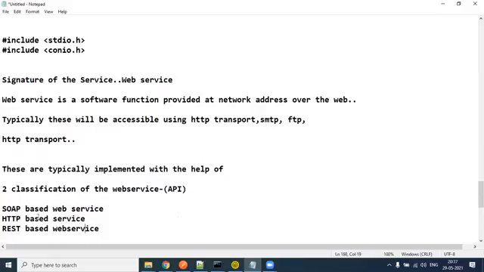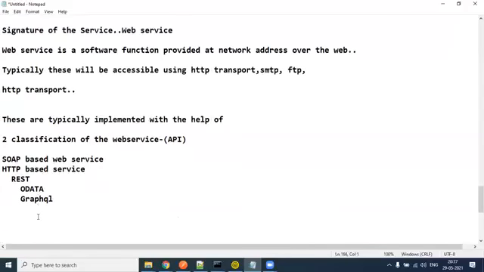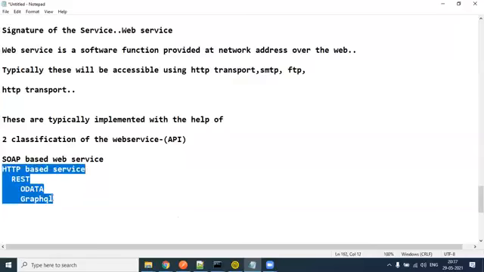And within these HTTP based services, you have got REST. For REST also, there are some more subsets like OData, GraphQL and all that stuff. But don't get into so many details. For now, you can think of SOAP and REST based services.